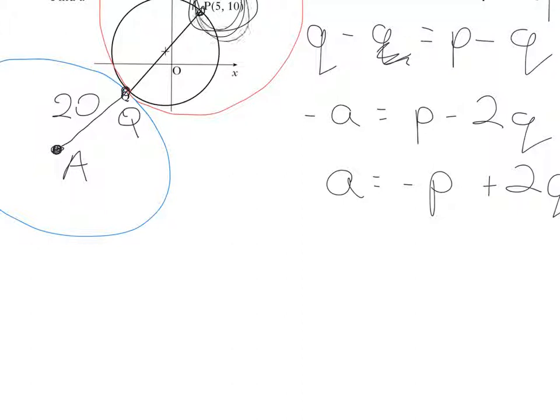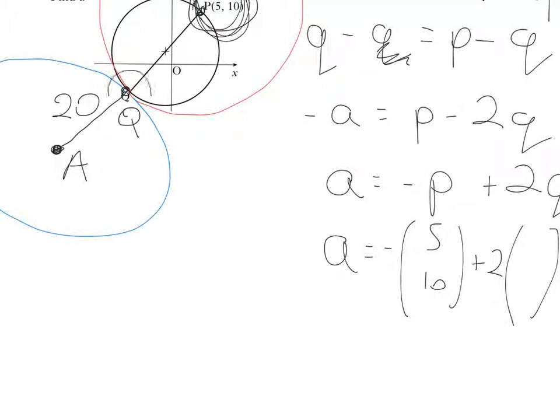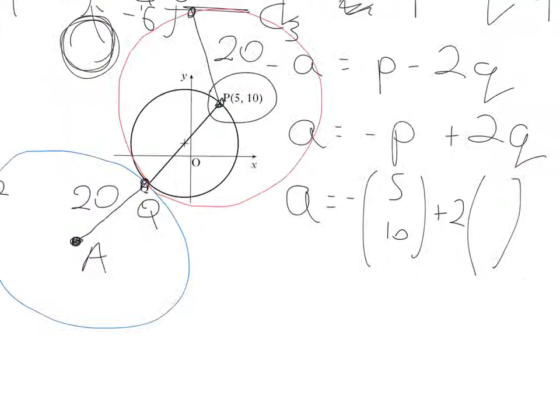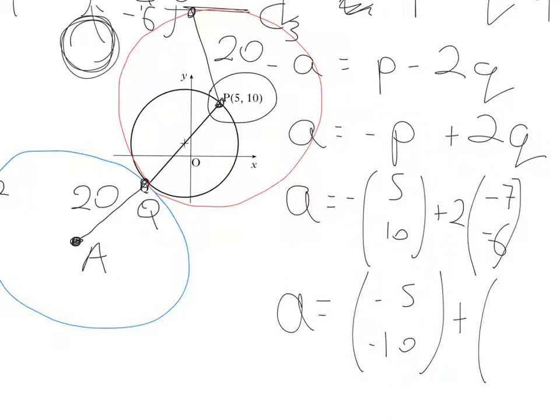P, as you can see, is given by (5, 10), so A is equal to minus (5, 10), plus 2 lots of Q, which we've already worked out. Q was the point (−7, −6). So that's (−5, −10) plus 2 times −7 is −14, 2 times −6 is −12.